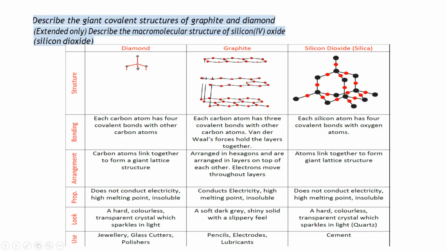to show the structure of graphite. And if they ask to draw the structure of silicon 4 oxide or silica or silicon dioxide or sand, what should be your structure?